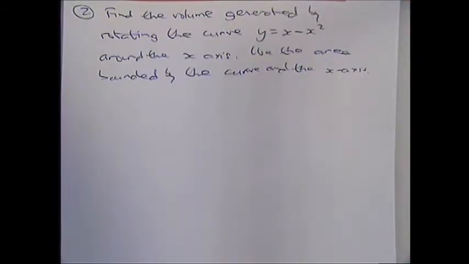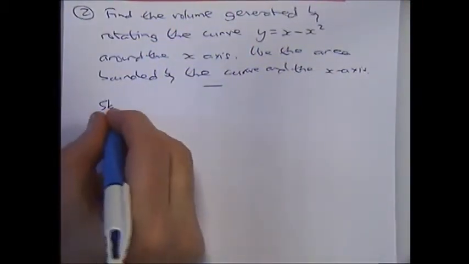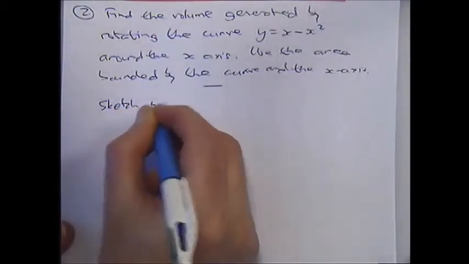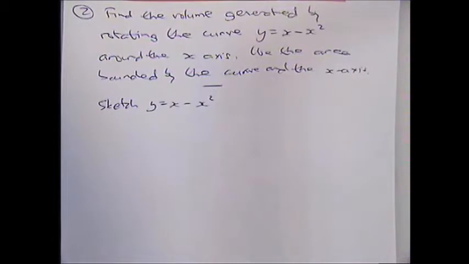So the first thing to do is to sketch the curve. So if we are going to sketch this curve, what does it look like? Anything we could do sensibly to help us sketch it? Make a table. Could make a table.